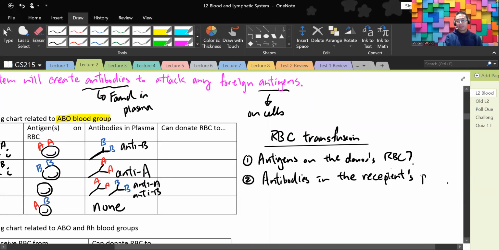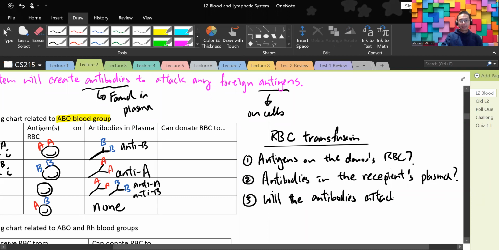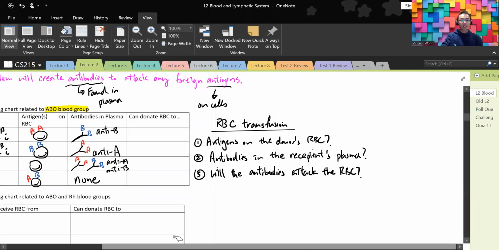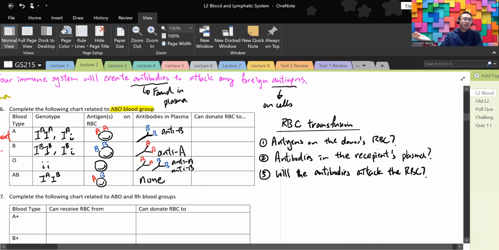Sorry, I got distracted with the incoming email. Antibodies in the recipient plasma. And number three, will the antibodies attack the incoming RBC? That's the logic that should be going through your head when you're trying to determine whether a transfusion is safe or not. So let's just do an example.